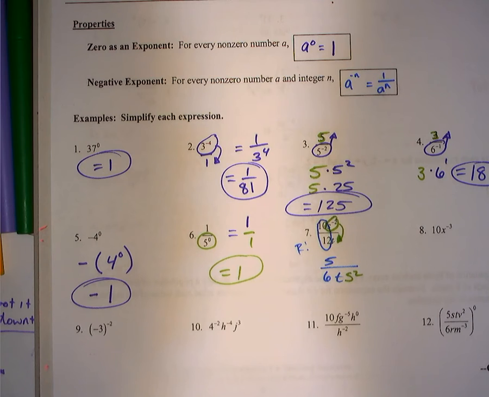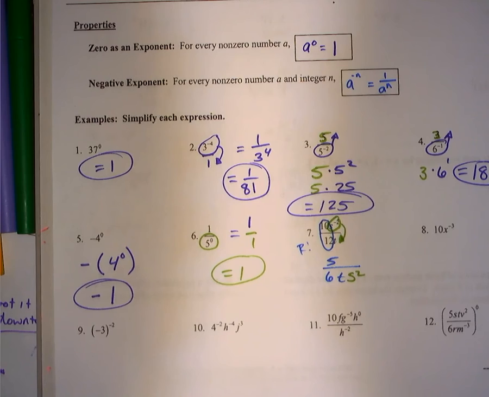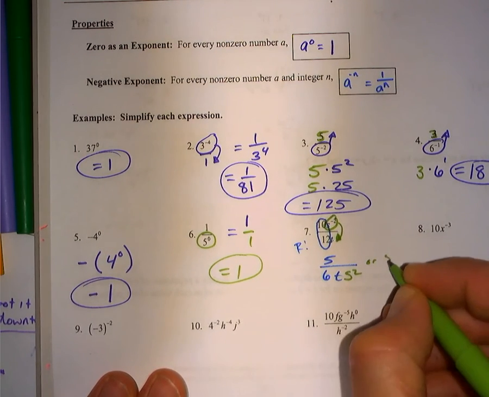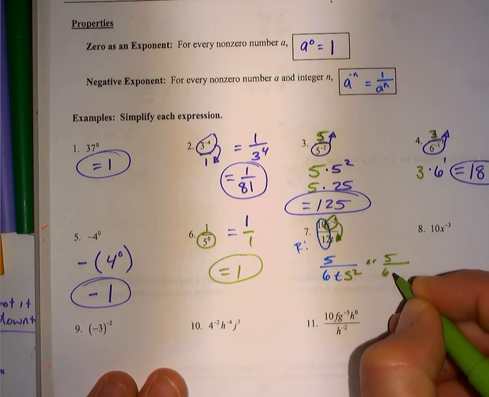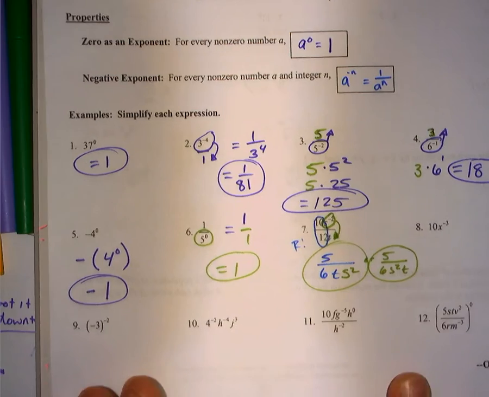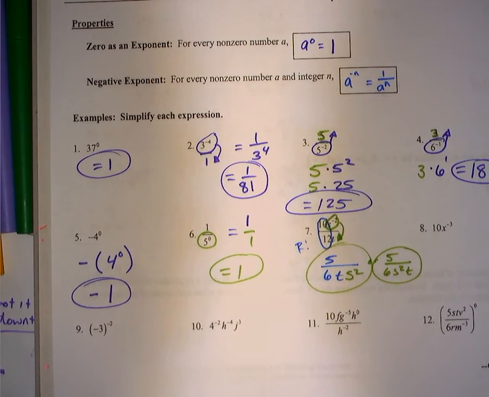Or if you prefer to write it 5/6 s squared t, you can do that as well. Either one of those I would accept. We only move the negative exponents. Okay? You guys good with that?